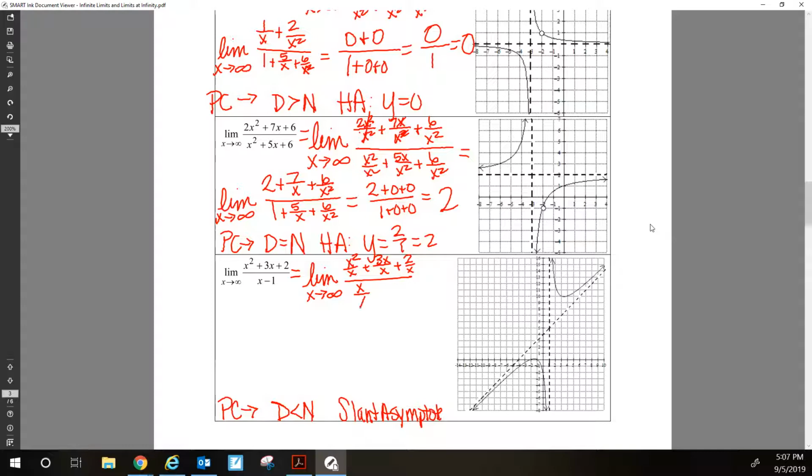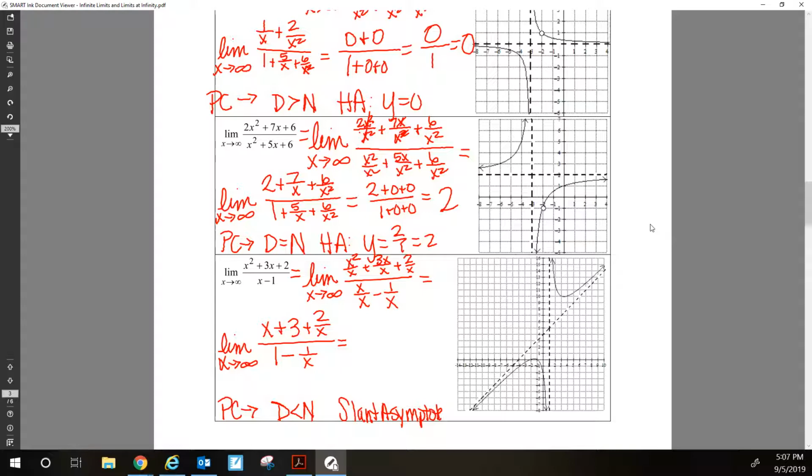On the bottom, I've got x over x minus 1 over x. All right? Simplifying that would be the limit as x goes to infinity. x squared over x is x. 3x over x is just 3. And then plus 2 over x. At the bottom, I've got 1 minus 1 over x.